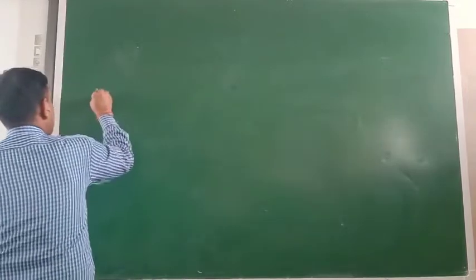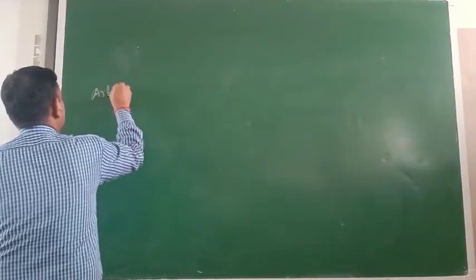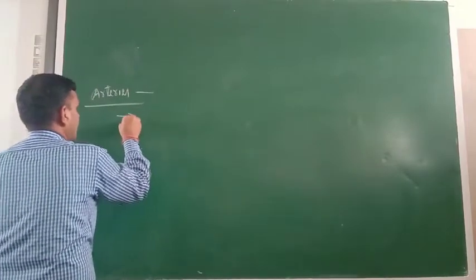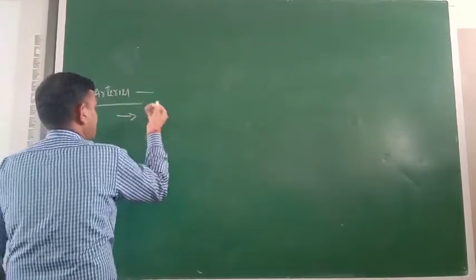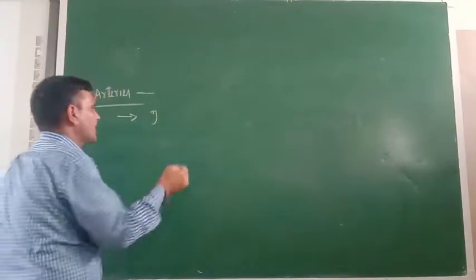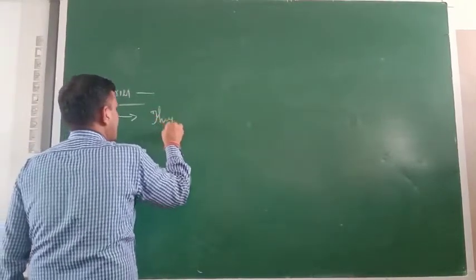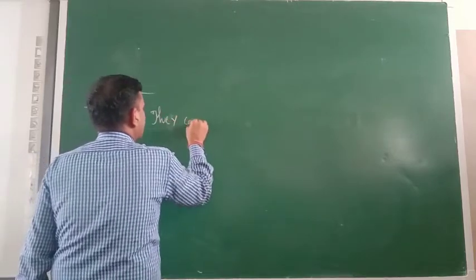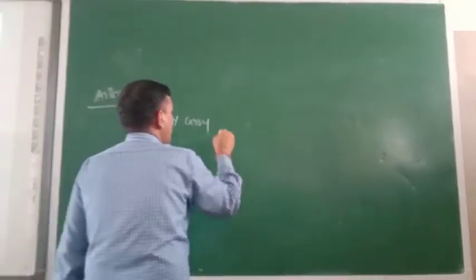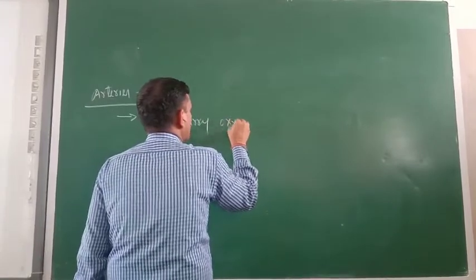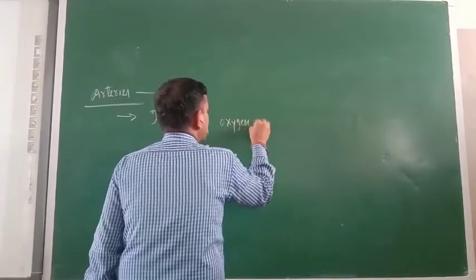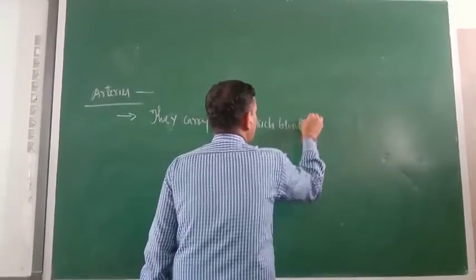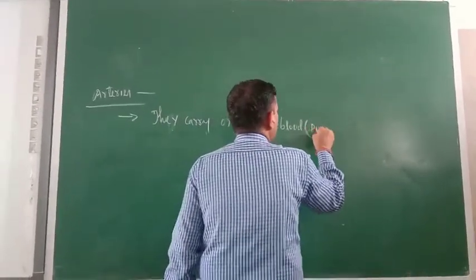So the first heading here is arteries. What are the arteries? Point number one: first of all, they are tubular structures only. They carry oxygen rich blood. This oxygen rich blood is pure blood.